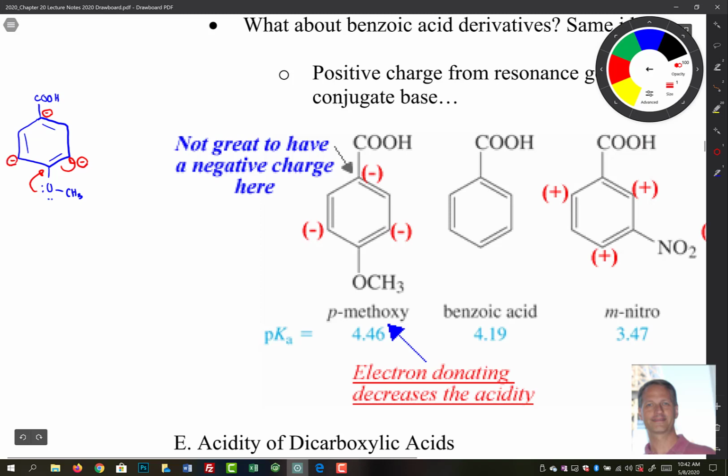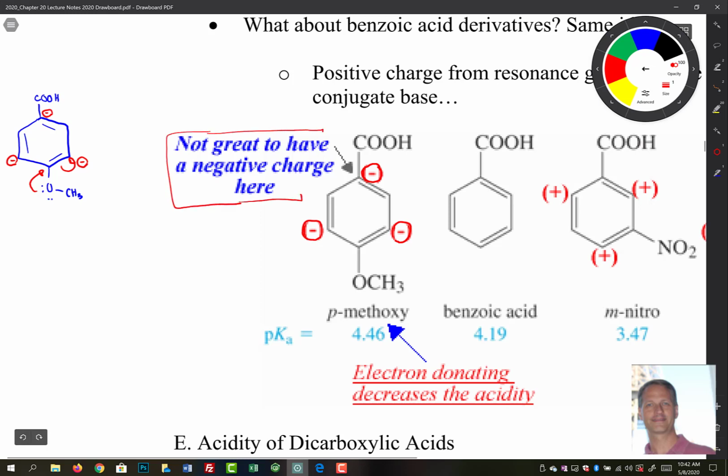So when we look at the structure here, this is the position of our negative charges, okay, through our resonance structures. So we said before, it's not great to have that negative charge adjacent to our carboxylic acid. So p-methoxy benzoic acid has a pKa of about 4.46.